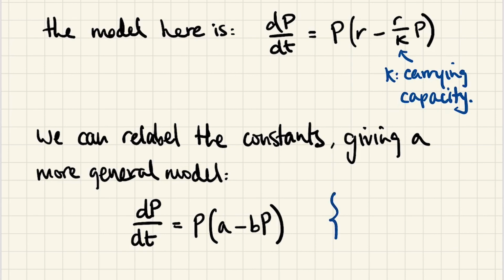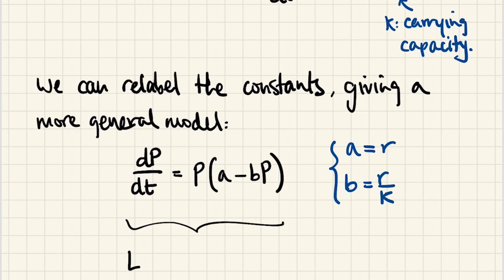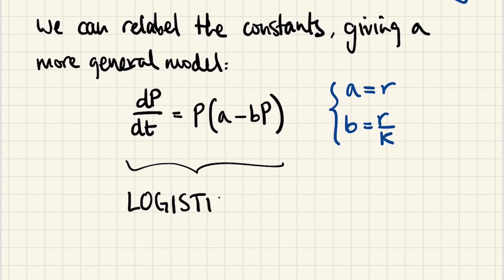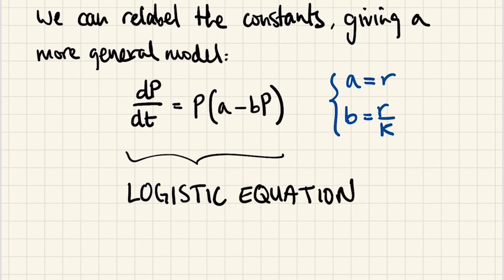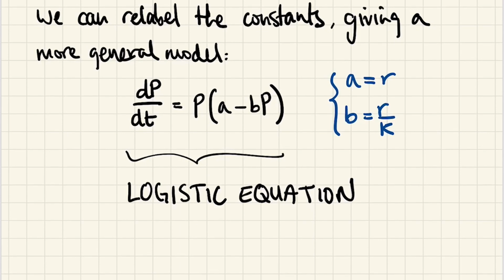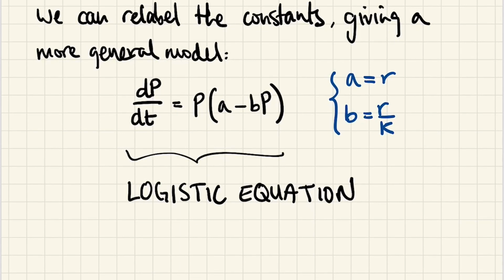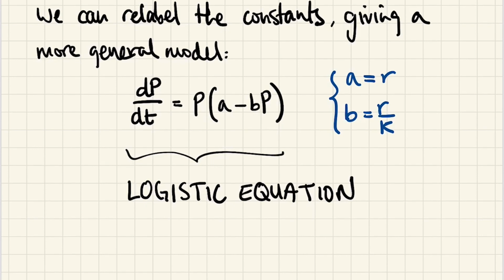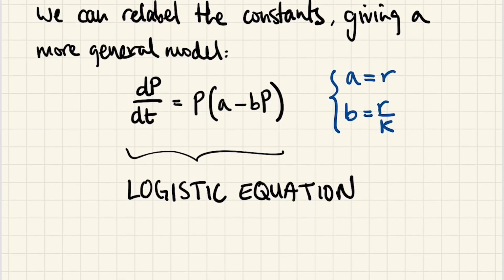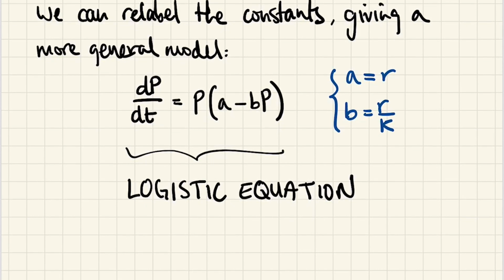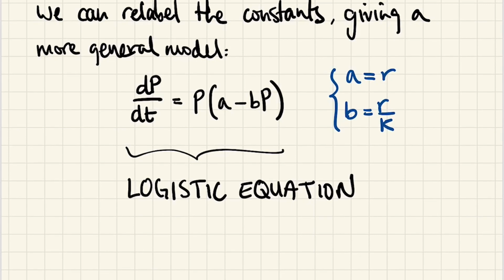And here, our a was simply r, and our b is what used to be r over k. And this here is called the logistic equation. You can see that it's an autonomous differential equation. So two solutions immediately come to mind: p equals 0 and p equals a over b.